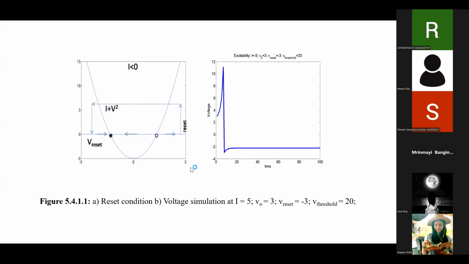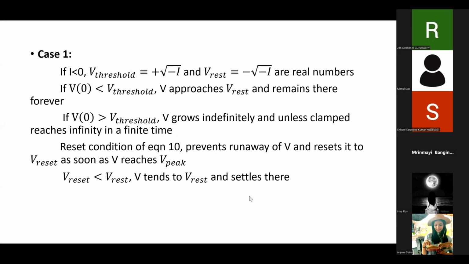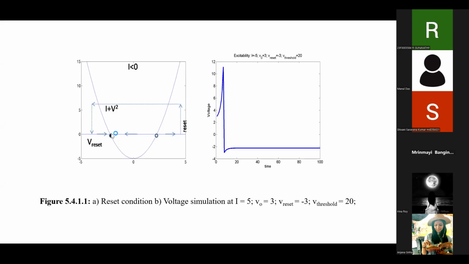Now imagine I has a negative value, and actually it should be minus 5. If I is a negative value, then this function I plus V squared will be a parabola, but the minimum value will be at something negative. And that curve intersects the x-axis at 2 points.